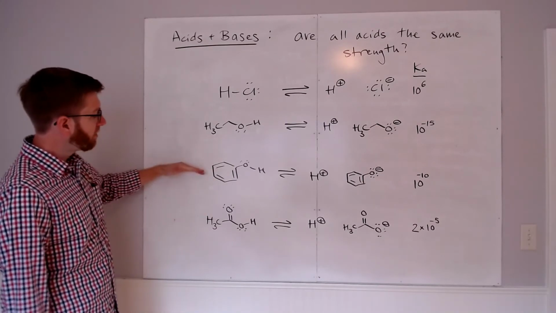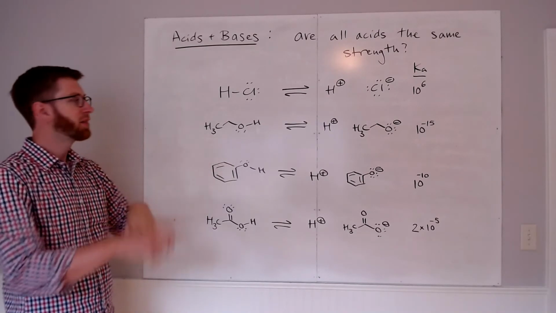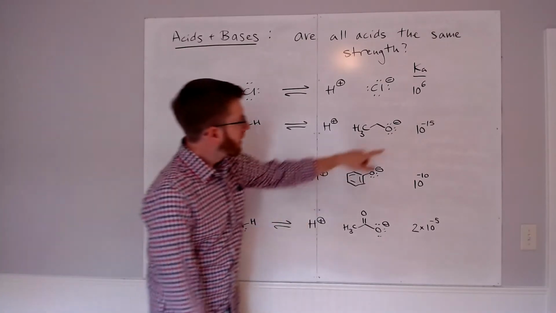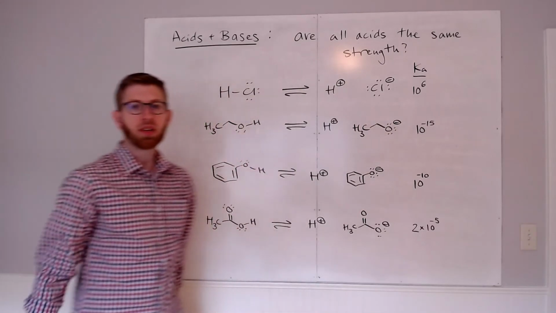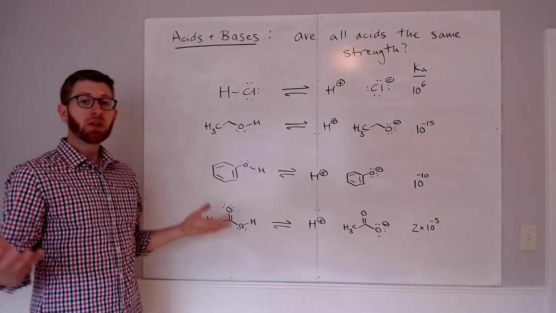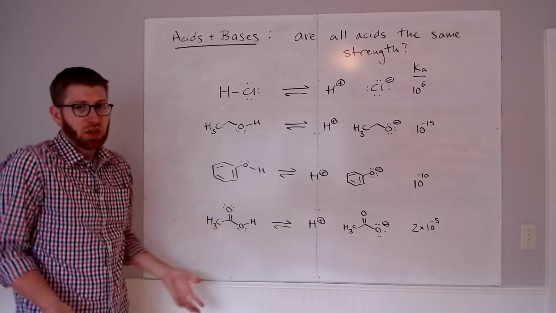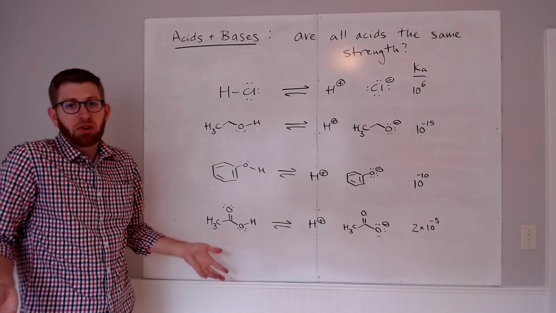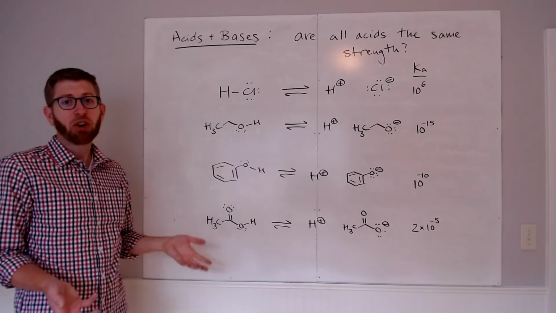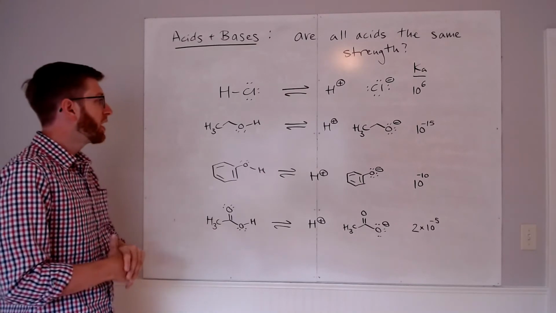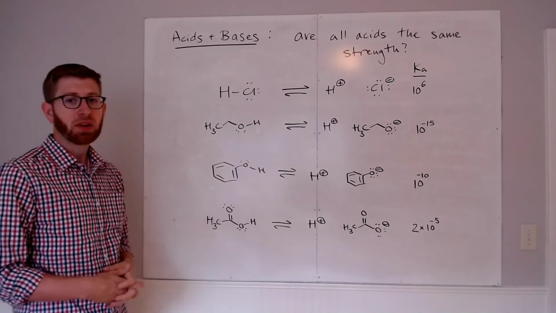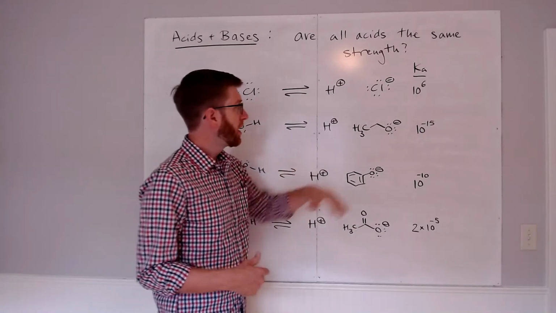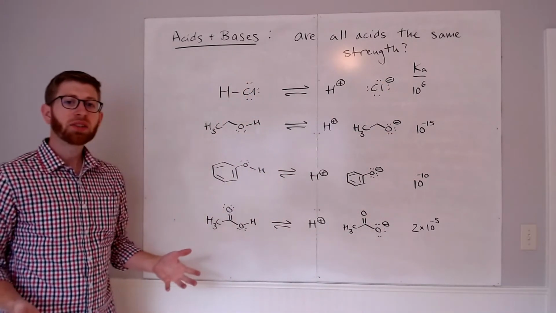So 3 different oxygen acids, or oxygen atoms that are losing the proton, and we're spanning about 10 orders of magnitude in acid strength. So these are really big differences that are being driven by some kind of structural features that we're not necessarily ready to predict or understand yet, but that's really the function of much of this unit: coming up with sets of structural explanations to rationalize why we're seeing such radical differences in acid strength.